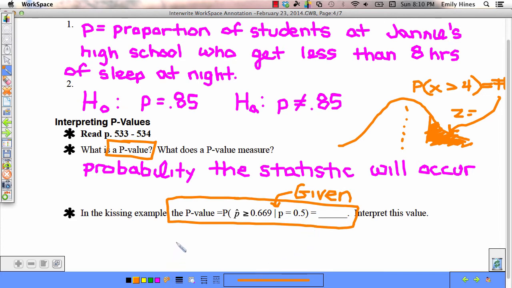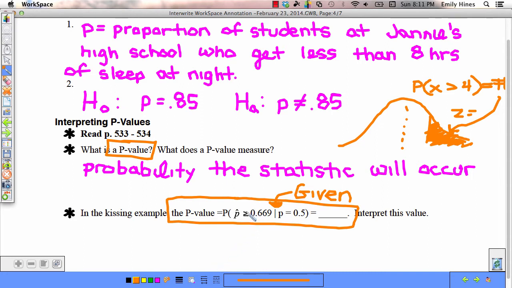That's something about significance tests. We always assume that the null is true. That's what we're testing. So what is the probability that I'm going to get a p-hat value greater than or equal to 0.669 given that p is really equal to 0.5?